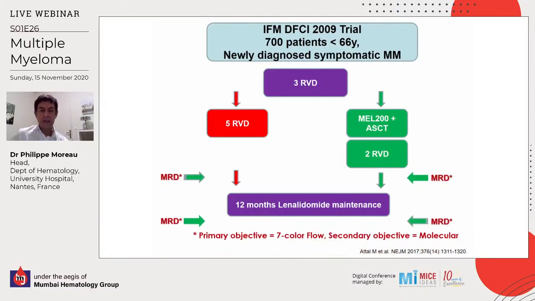We assessed MRD systematically before and after maintenance, and we looked primarily at 7-color flow with a threshold of 10 to the minus 4, in fact, and that's not the Euroflow technique, 10 to the minus 5 or 10 to the minus 6. At that time, Euroflow was not available yet. But for a subgroup of patients, we were also able to look at NGS.